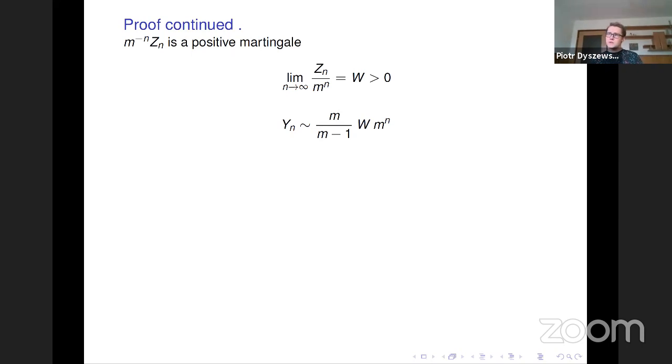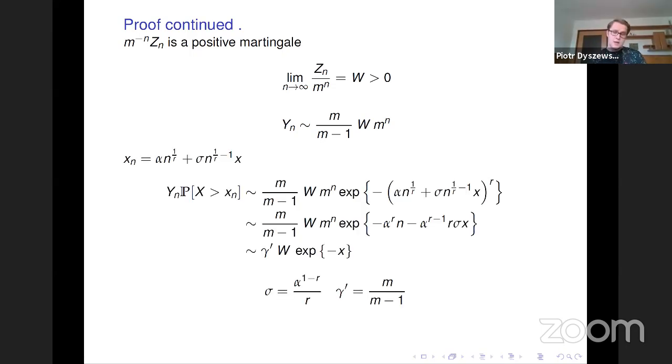Moreover, since I'm implicitly assuming the Kesten-Stigum condition, this limit will be non-negative. So this Kesten-Stigum condition is one of those ugly assumptions that I just omitted in the second slide. All right, but now we know what the behavior of this Y_n is, right? This is again something that grows in the same fashion with a random shift.